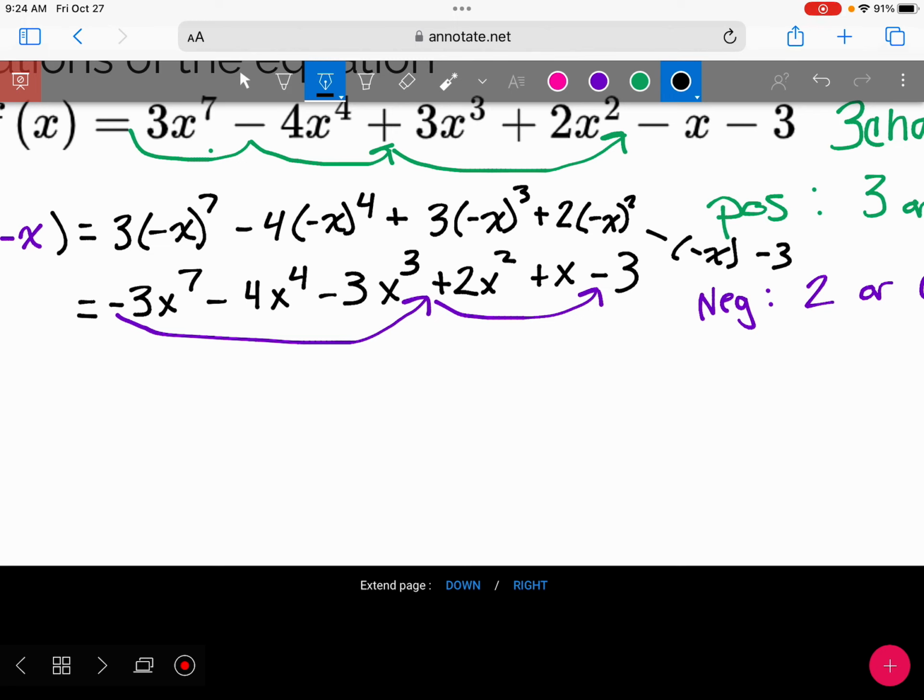Okay, so we are always going to have a total number of roots that's equivalent to our degree. Every single time, your biggest exponent is your total. So we're going to have some number of positive roots, some number of negative roots, and some number of complex, or not real, roots. And no matter what, we should have a total of 7.